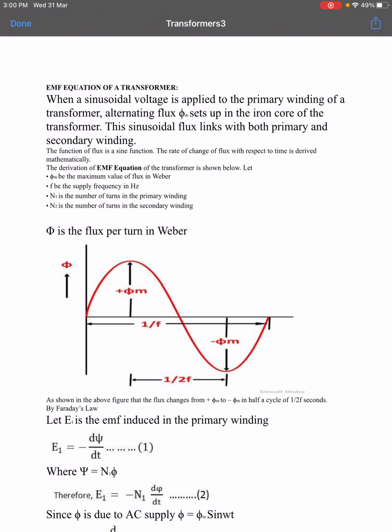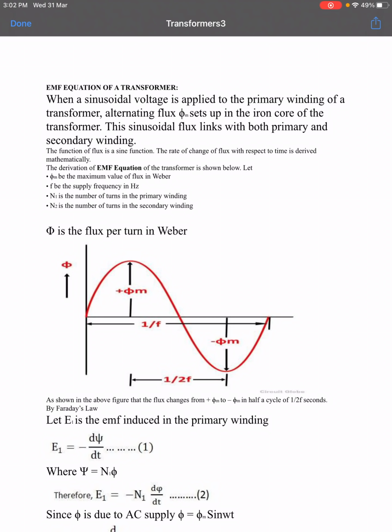When the current flows through the primary winding, flux will be produced in the magnetic iron core. The flux will be distributed throughout the entire magnetic core. So because of the flux, we will get an EMF induced in that conductor or coil.